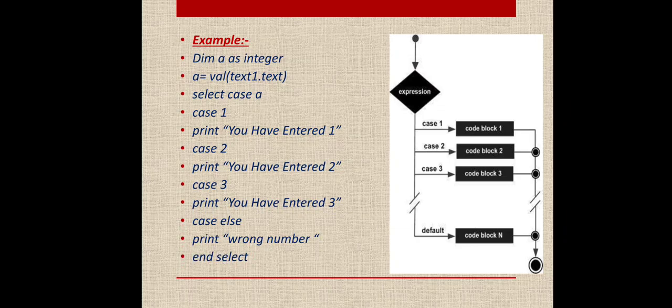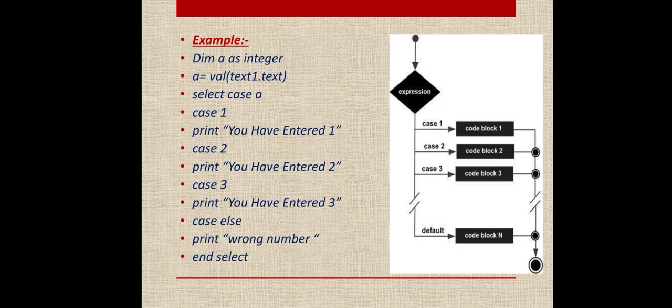So this is the simple program to put the message on different cases. And here we have taken how many decisions? We have taken 4 decisions: case 1, case 2, case 3, and case else. This seems very simple compared to nesting of if else statements.